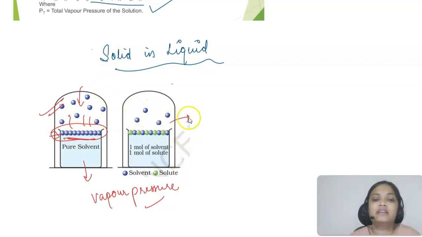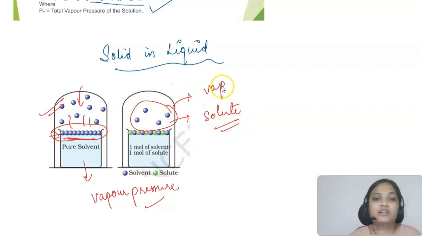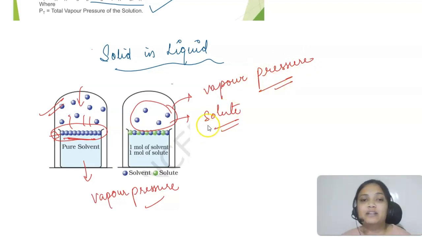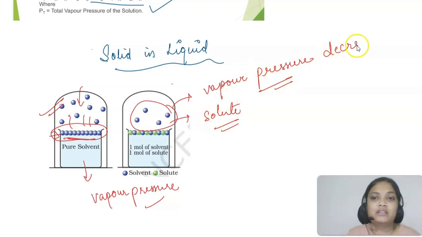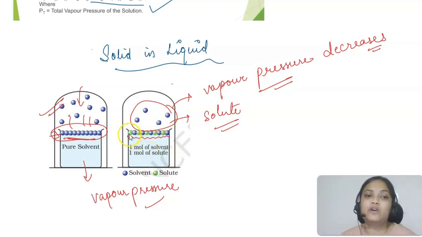But whenever, let's say, I have dissolved a solute in it, can you see the vapor pressure in this case actually decreases. So whenever a non-volatile solute is added to it, the vapor pressure decreases. Now why is it so? Because now on the surface, the fraction of molecules of solvent decreases because the solute particles also occupy this surface.